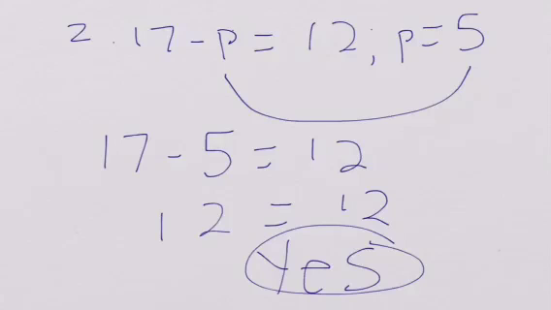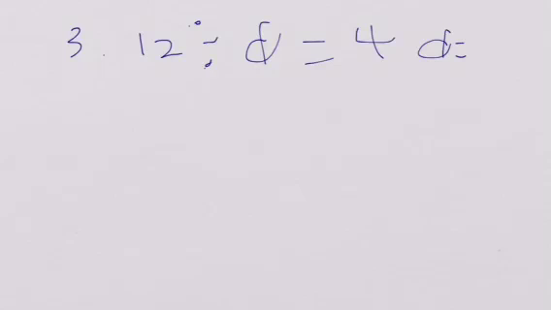And let's look at the third one on there. Number 3 is 12 divided by d = 4, and we have d = 3. So let's transfer that over there, or replace it, substitute it, sorry.